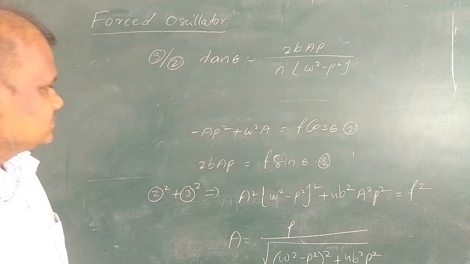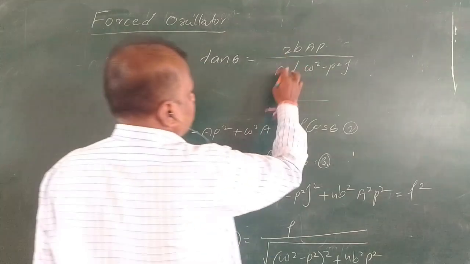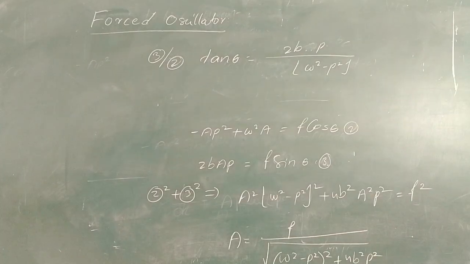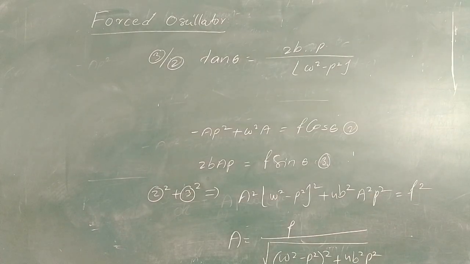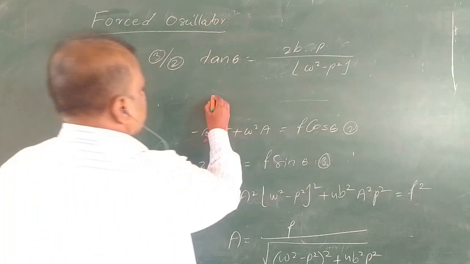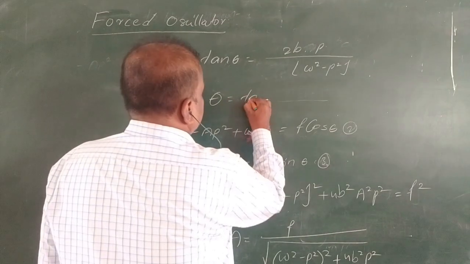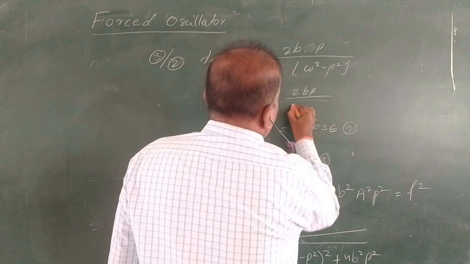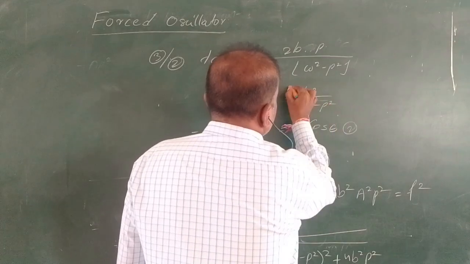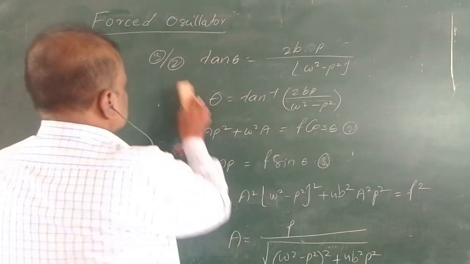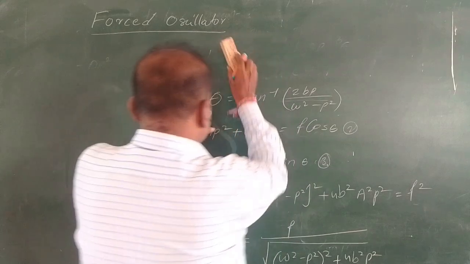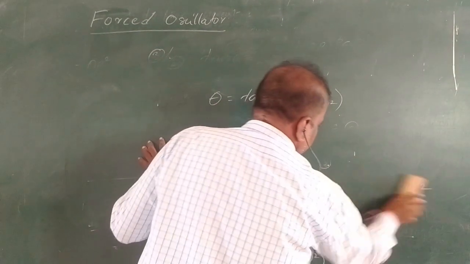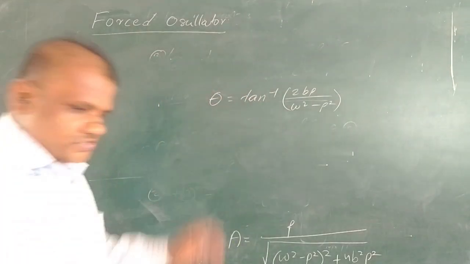The numerator a and denominator a cancel, so tan theta equals 2bp divided by omega square minus p square. Therefore the phase difference theta equals tan inverse of 2bp divided by omega square minus p square.